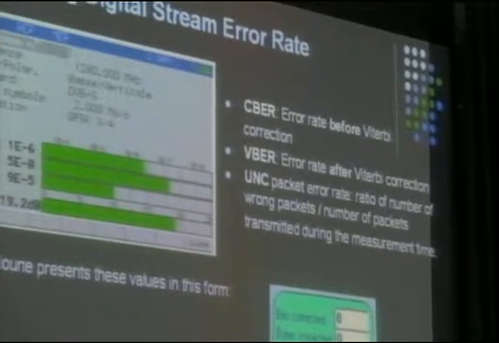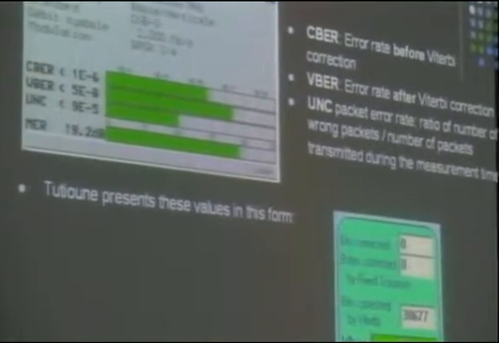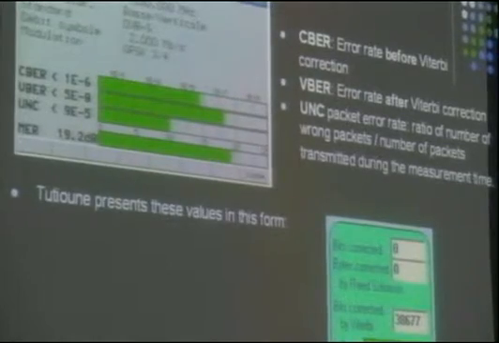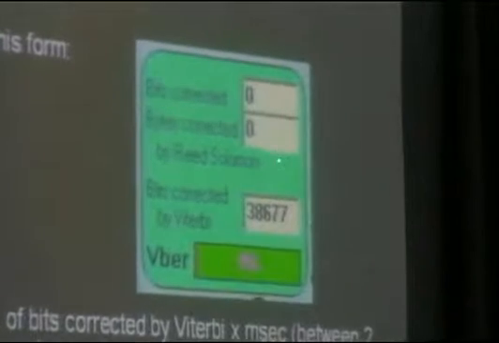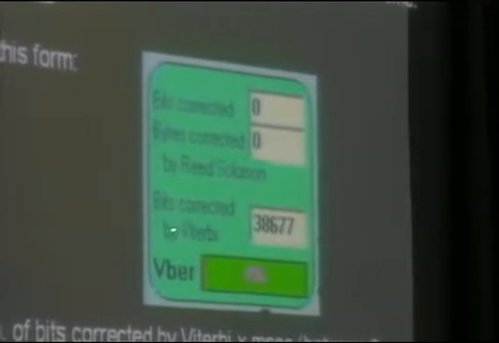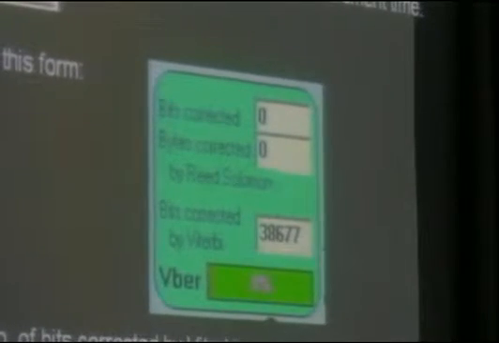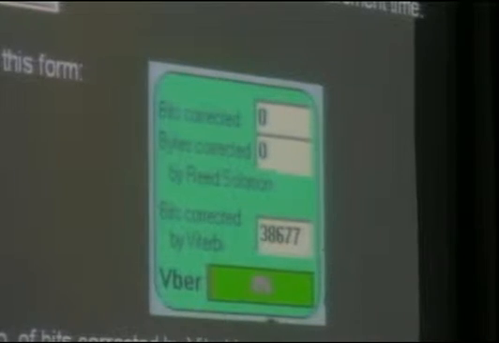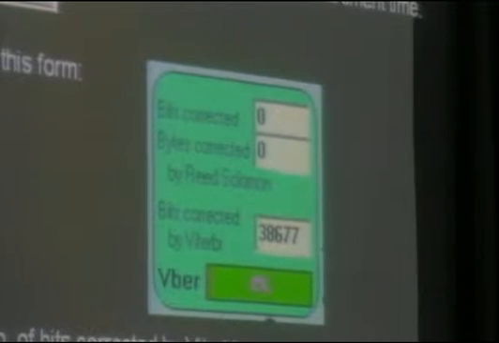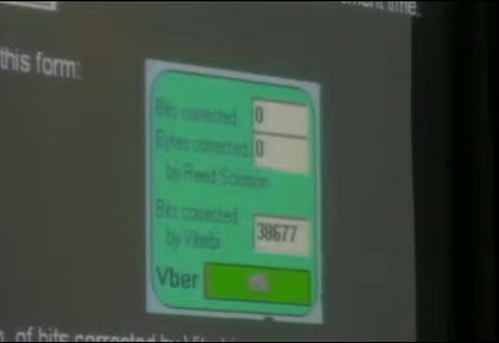With Tutioune, I have chosen this time just to give the number of bits and bytes corrected by Reed-Solomon and by Viterbi during the number of milliseconds you have chosen.